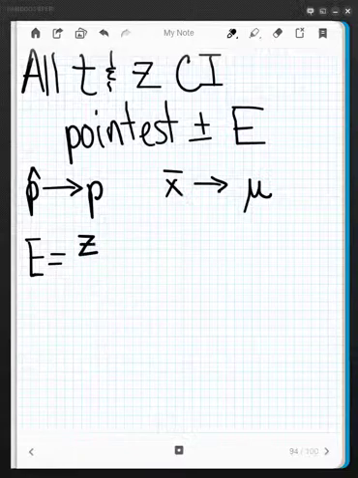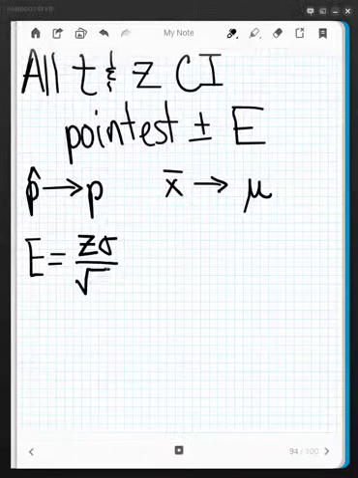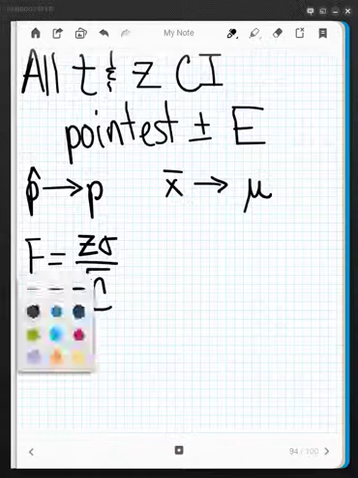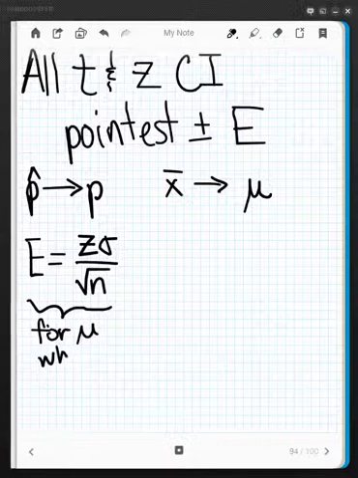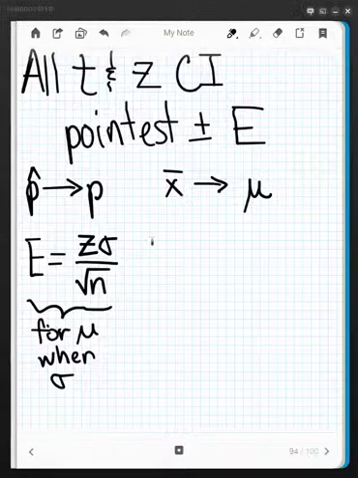This is a z multiplied by sigma and divided by the square root of n for a mu, and that's when sigma is known, right?